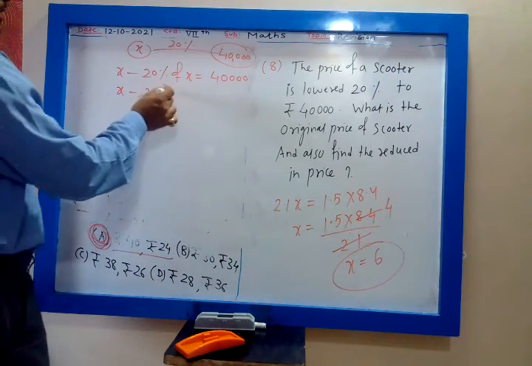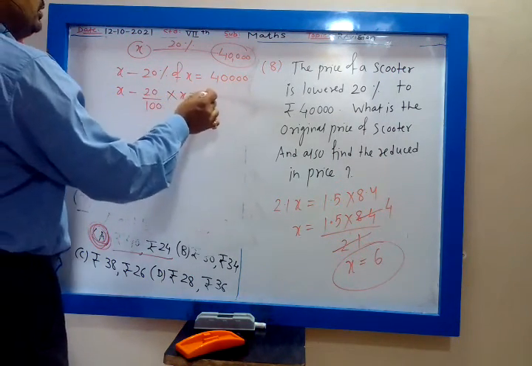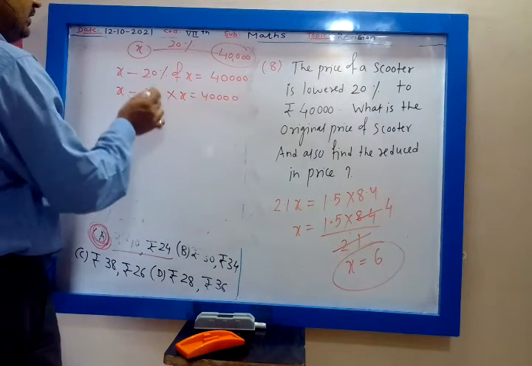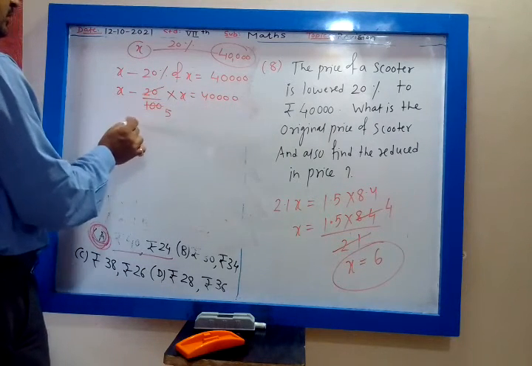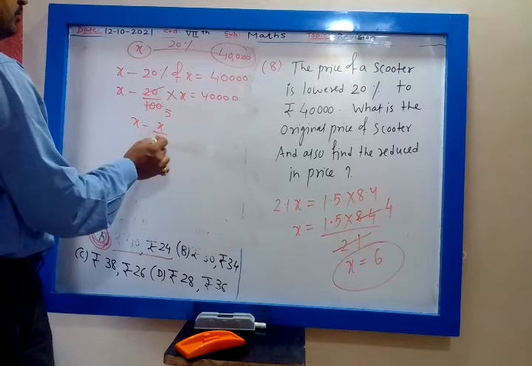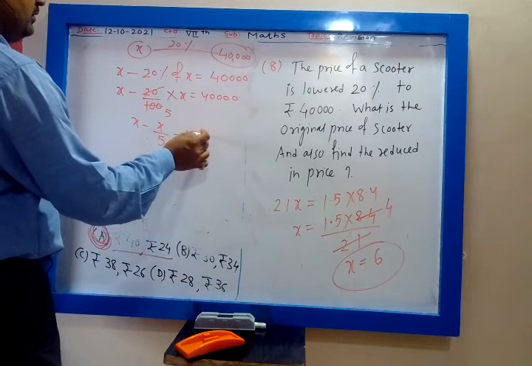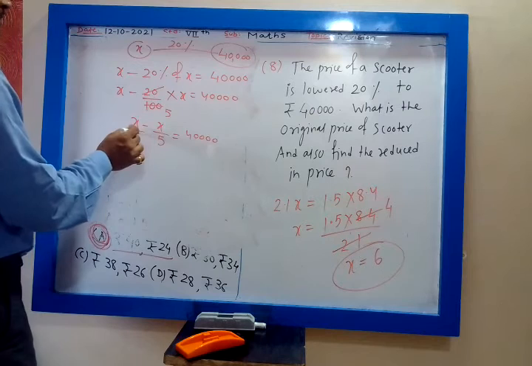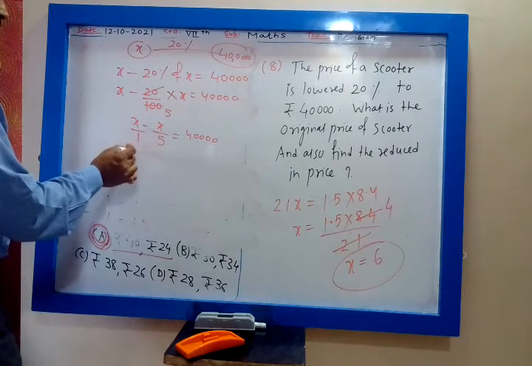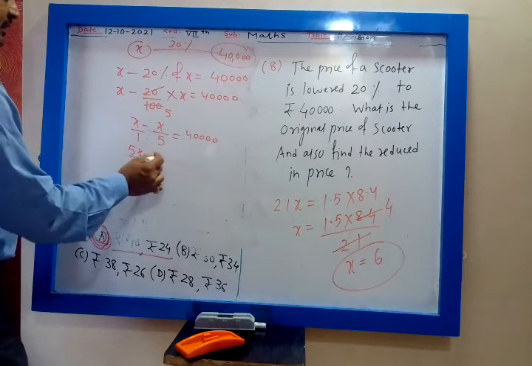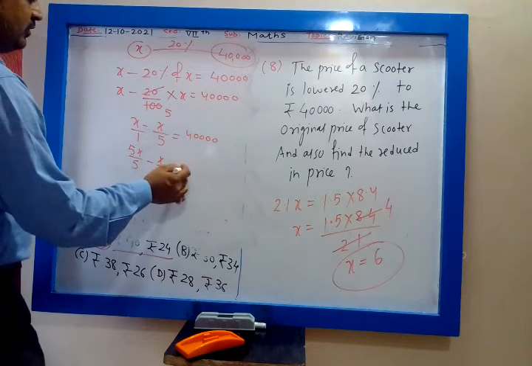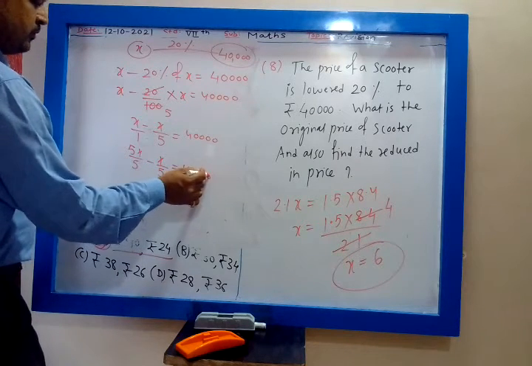So 20 upon 100 into x, x minus x upon 5 is equal to 40,000. Are you getting this? 20 is one fifth of 100. So LCM is 5. So 5x upon 5 minus x upon 5 is equal to 40,000. Correct?